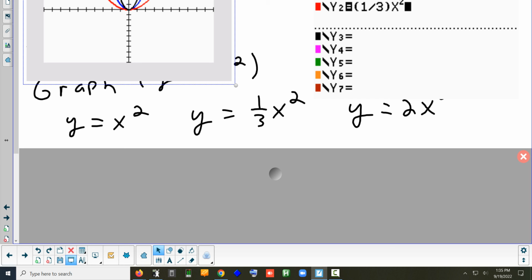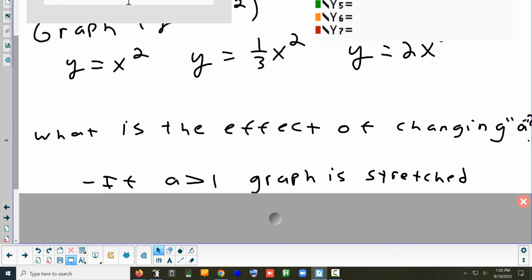What do you think the number has to be bigger than for it to stretch? Yeah? 1. Anything bigger than 1, like 2, will cause the graph to stretch. Anything between 0 and 1, 0.5, 1/3, 0.2, is going to cause the graph to shrink.